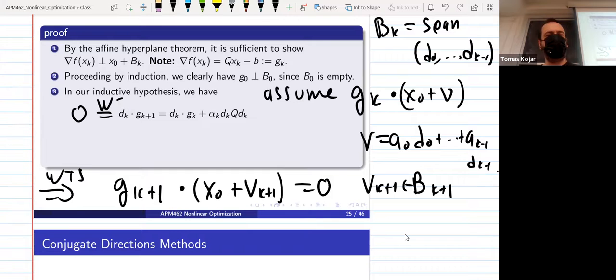Is it clear? Let me ask you: why, if I show this, am I done? Just to say, it's a linear algebra question, not from this stuff.